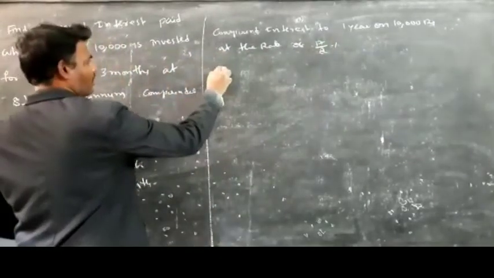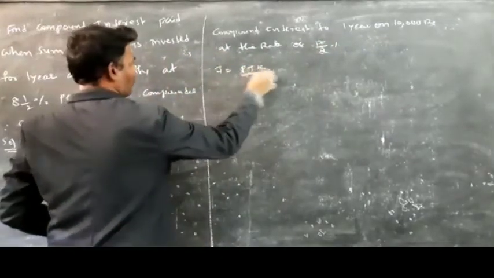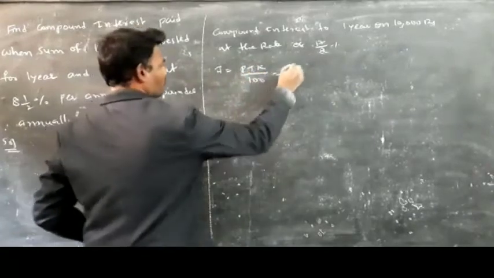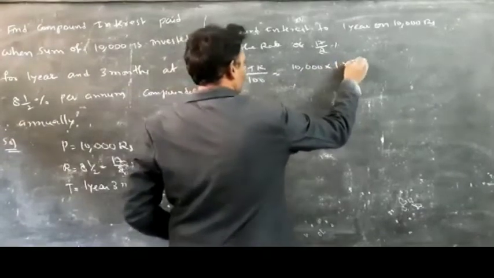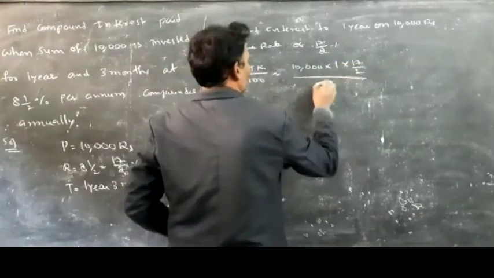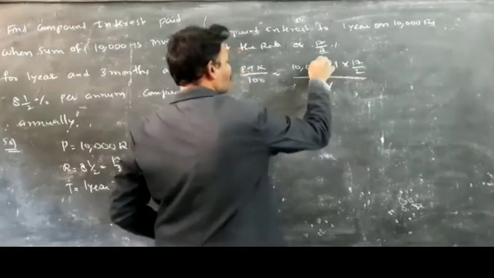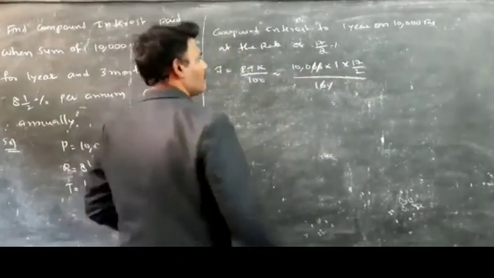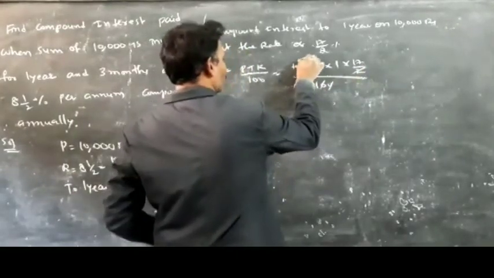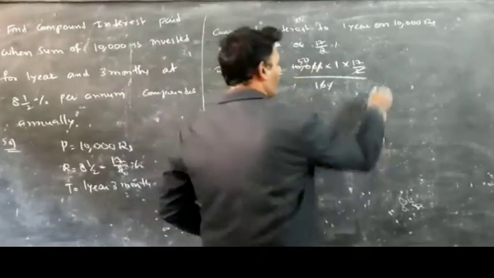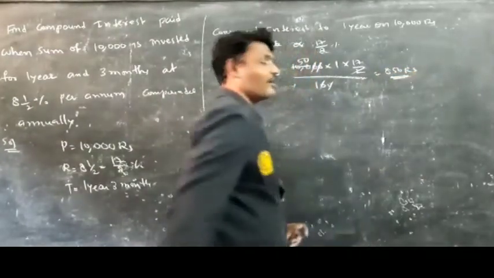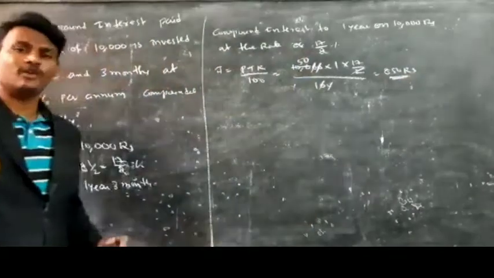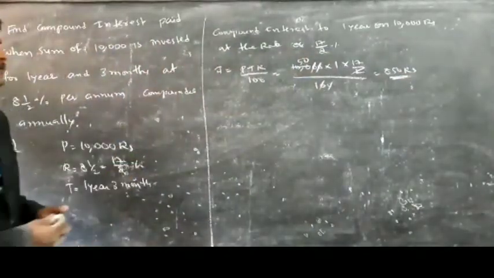See here, I is equal to PTR by 100. P means 10,000 into T means 1 year, R means 17 by 2 by 100. 0 and 0, 0, 0 gets cancelled. See, 2 5s are 10 and 0. 17 50s are 850. So here, what is the 1 year interest? 850 rupees on 10,000 rupees.